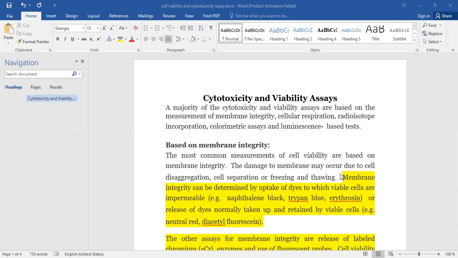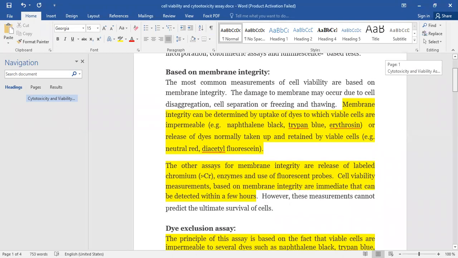We know that the cell membrane is the outermost layer of the cell. This cell membrane will protect the cell, but when there is high temperature, disaggregation, separation, freezing, or thawing, these procedures can result in the disruption of the cell membrane.